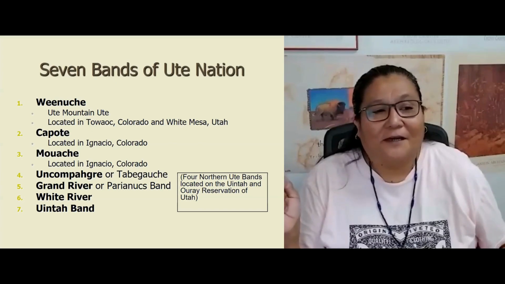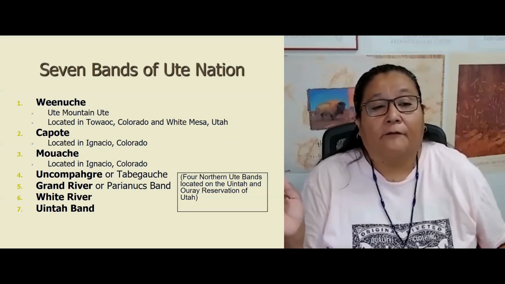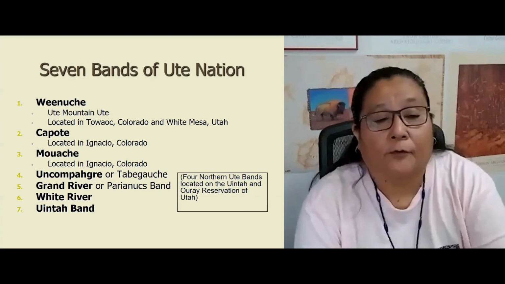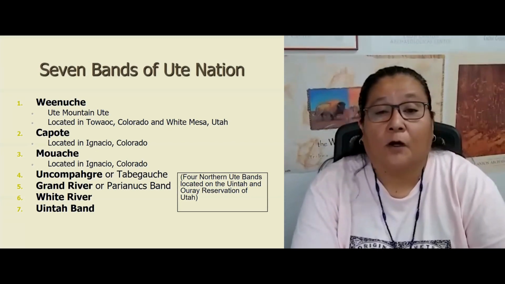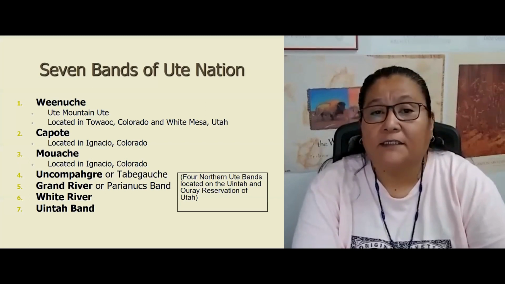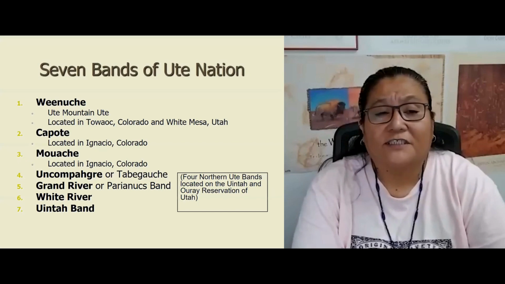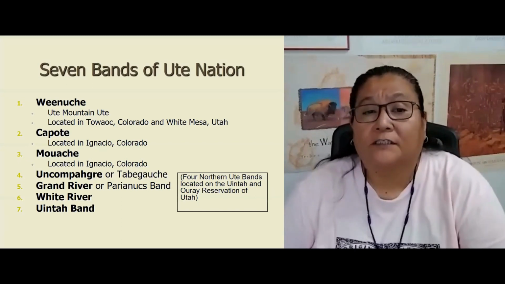And then in Utah, we have 4 bands, which are the Uncompahgre, the Grand River, White River, and Uinta. And they live on the Uinta and Ouray reservation. And then we have a small group of tribal members who live in White Mesa, just south of Blanding, Utah, and they are tribally enrolled with us in Toyac.